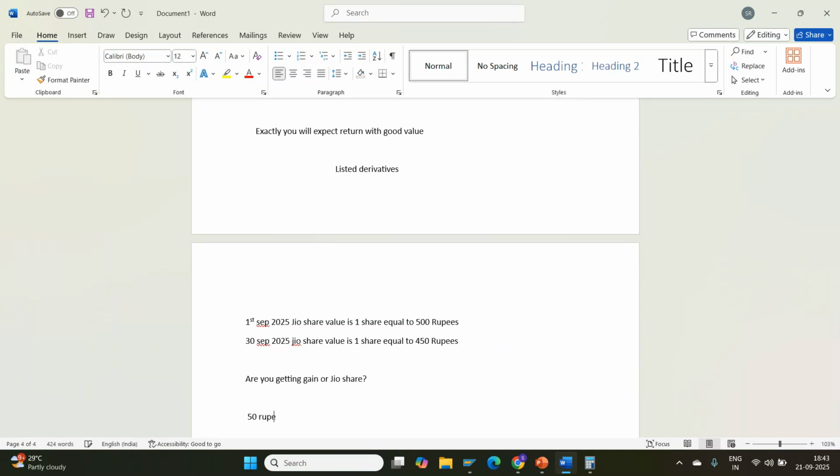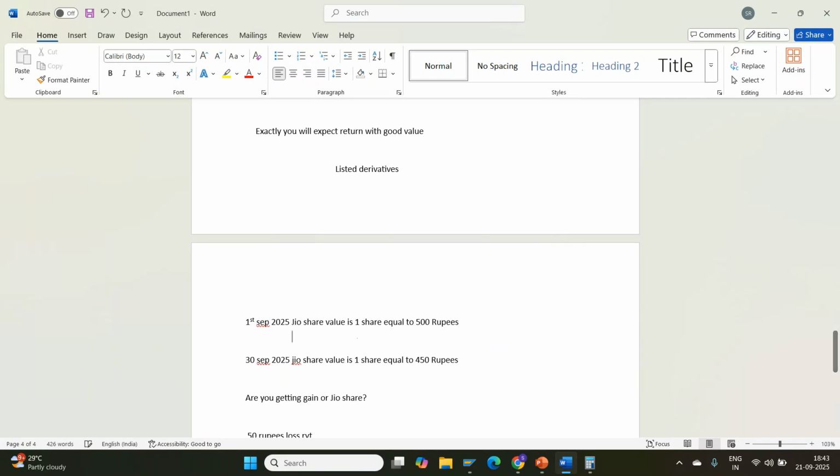50 rupees loss, right? Now you can say the listed derivatives means mitigation. On 1st September 2025 you take a Geo share premium. One share equals 50 rupees.